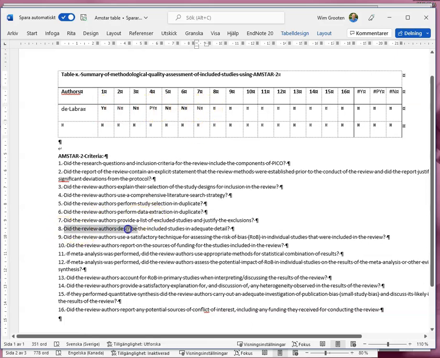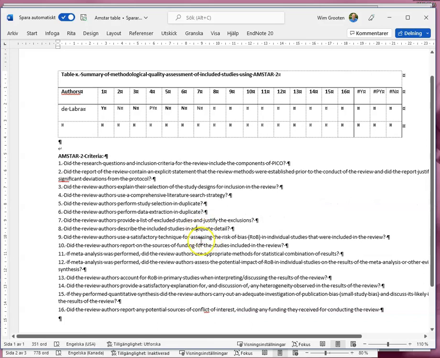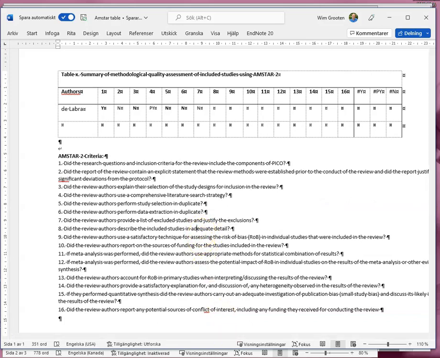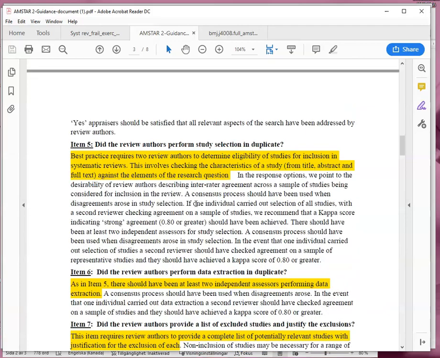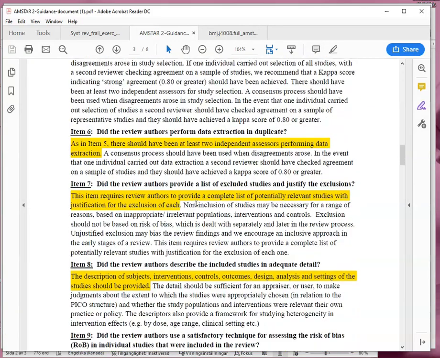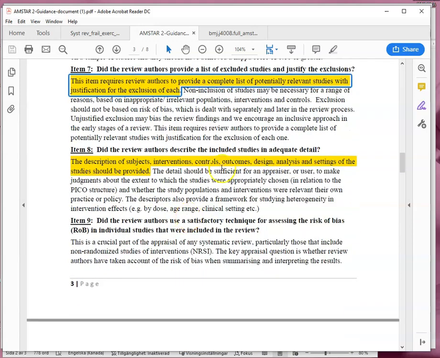Okay. Did the review authors describe the included studies in adequate detail? And here it's a difficult word. What is adequate? So I think we have to go to the guidance document, and the document about a complete list of potential endpoints, and this one, yeah.